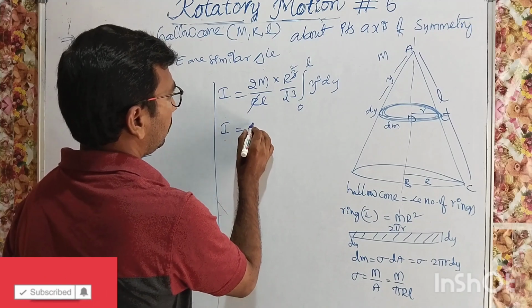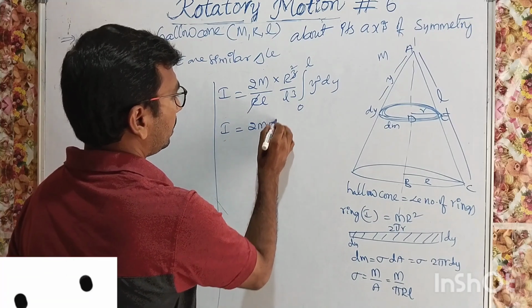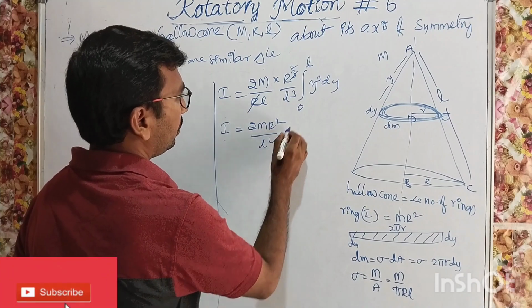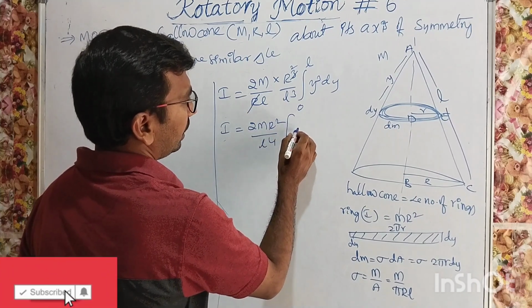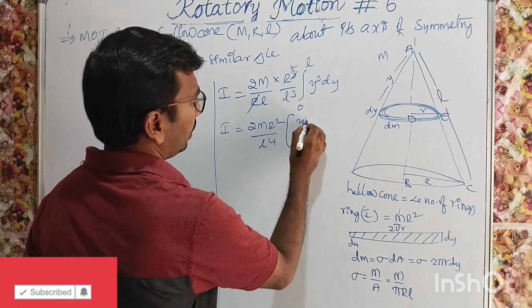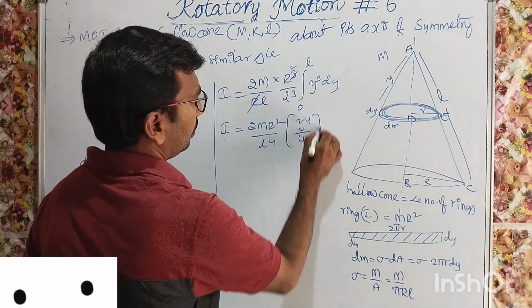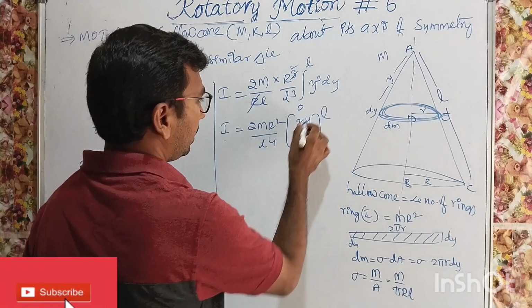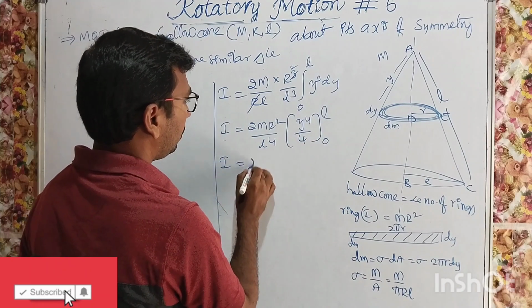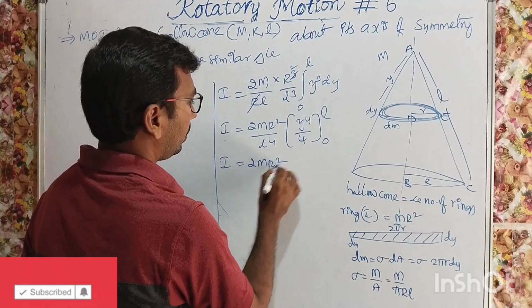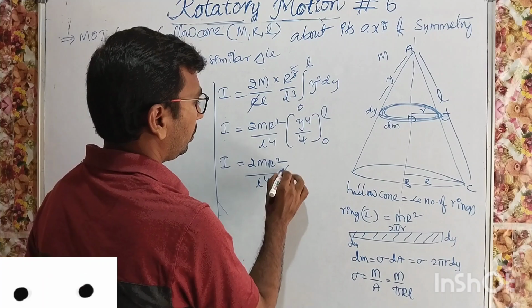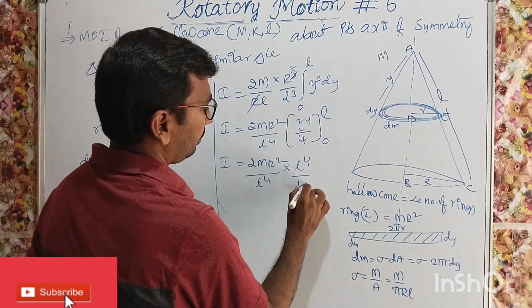So I is equal to 2M R square by L to the power of 4, integration of y to the power of 3, which is y to the power of 4 by 4, from 0 to L. Substitute the limits now: I is equal to 2M R square by L to the power of 4 into L to the power of 4 by 4.